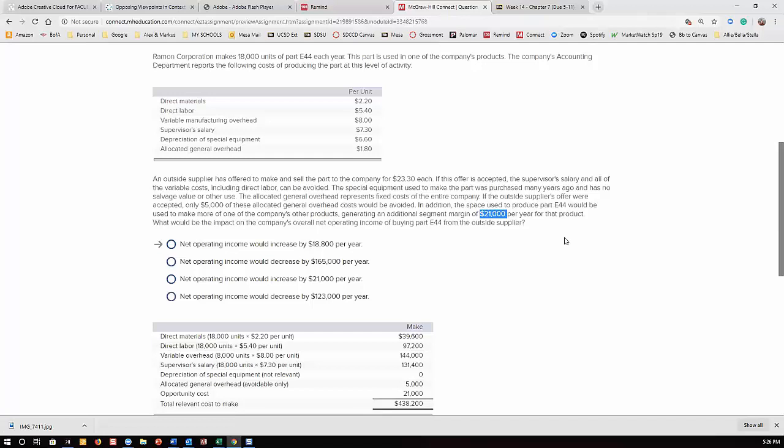So put in plain English, if I were to not make this part anymore, I could do something else, right? That's the opportunity cost. So that needs to be added in, because if I do wind up making my part, I won't be able to make that $21,000. Is that always added?